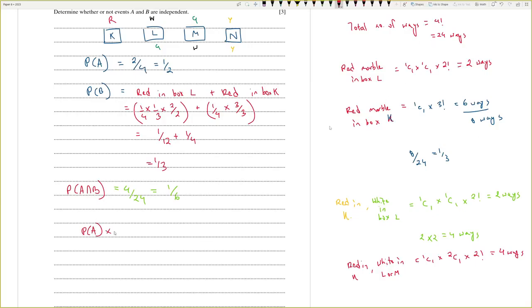So P(A) times P(B), how much is that? That's a half times 1 by 3, which gives you a value of 1 by 6. So it actually matched, right? So we have to write that since P(A) into P(B) is equal to P(A intersection B), the events are independent. Hopefully that's fine, guys.